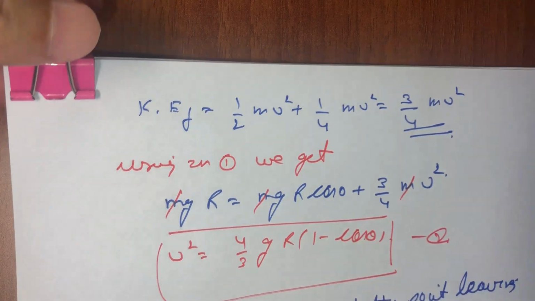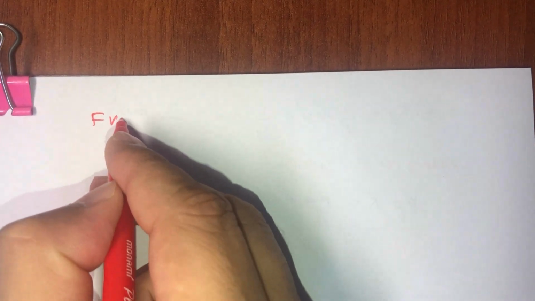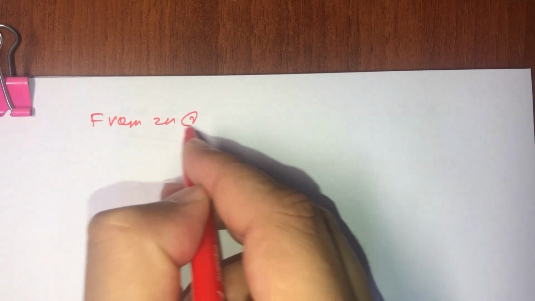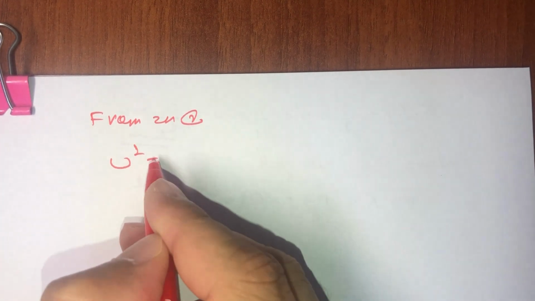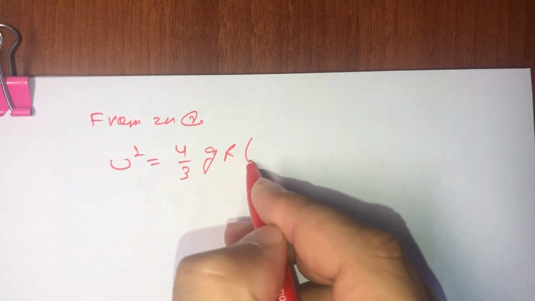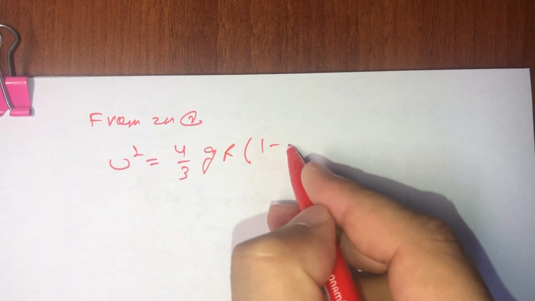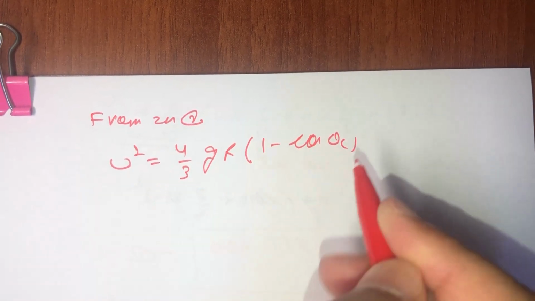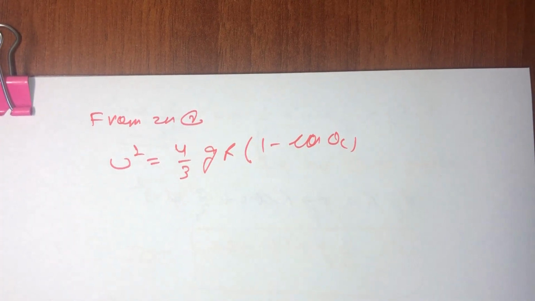Next we find out the value of the velocity, once again using equation number 2, because we found out what our cos of theta c will be. From equation 2, V square is equal to 4 by 3 GR times (1 minus cos of theta c), which we already found out.